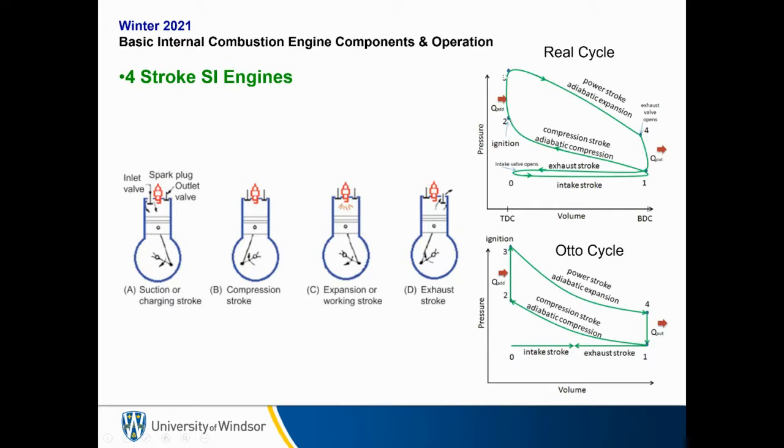The path from 2 to 3 is not quite constant volume. The path from 3 to 4 is nowhere near what you would expect for an adiabatic expansion. And again, the heat loss is not exactly straight up and down constant volume either. Overall though, the Otto cycle is a fairly good representation of the real engine cycle.